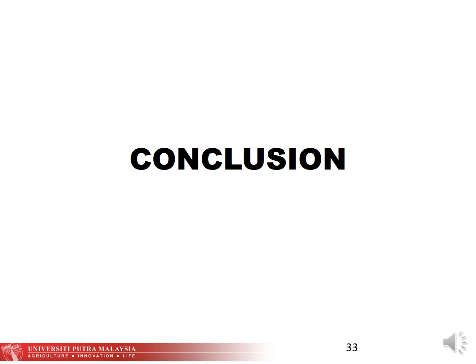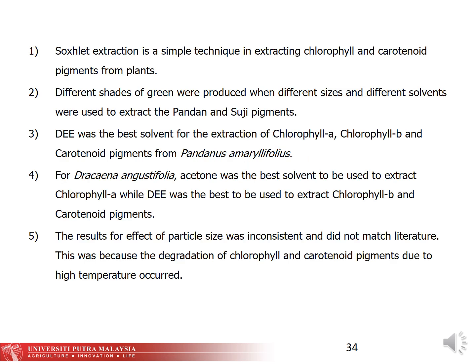Now I will proceed with the conclusion of my research. First, the Soxhlet extraction is a simple technique in extracting chlorophyll and carotenoid pigments from plants. Second, the different shades of green were produced when different sizes and different solvents were used to extract the pandan and suji pigments. DEE was the best solvent for the extraction of chlorophyll A, chlorophyll B and carotenoid pigments from Pandanus amaryllifolius.